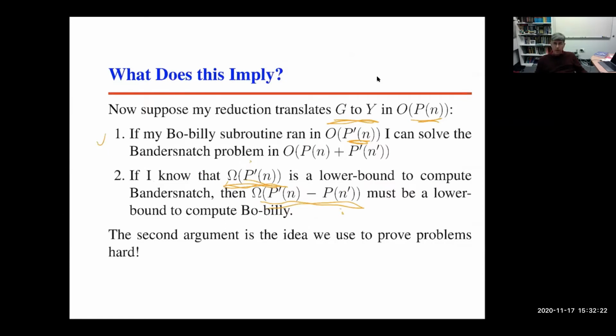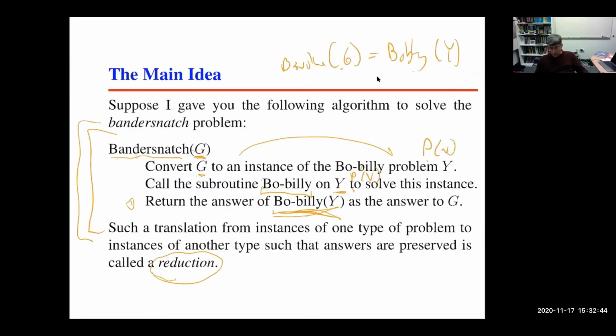Because if I had a fast way to compute mobility, this would give me a fast way to compute Bandersnatch. If I know absolutely positively that there is no fast way to compute Bandersnatch, and I give you an algorithm like this, what do we know?